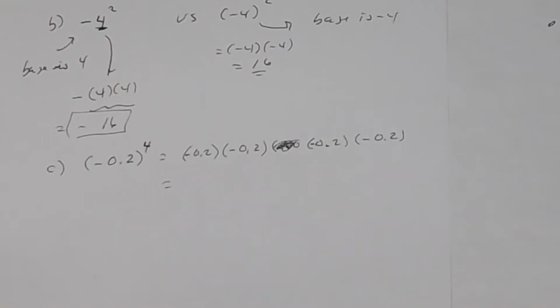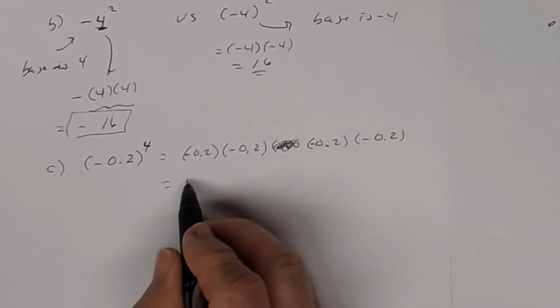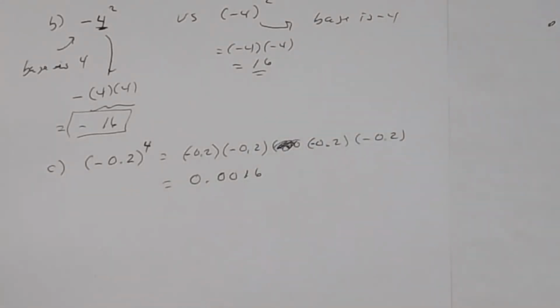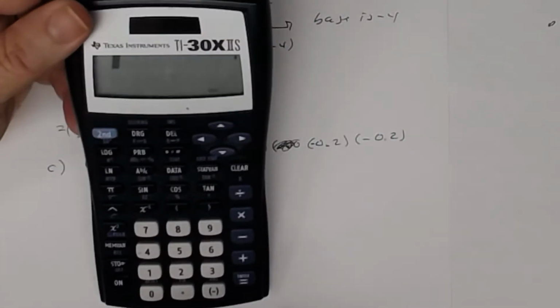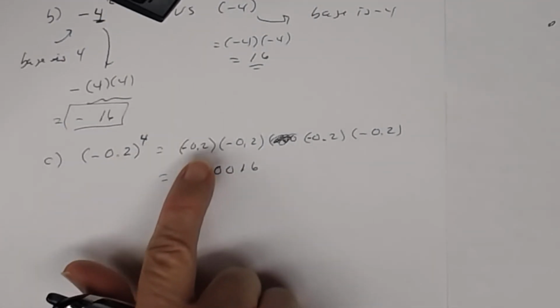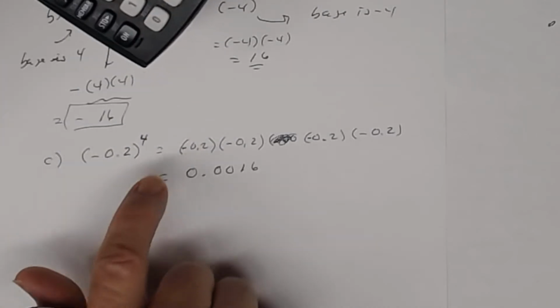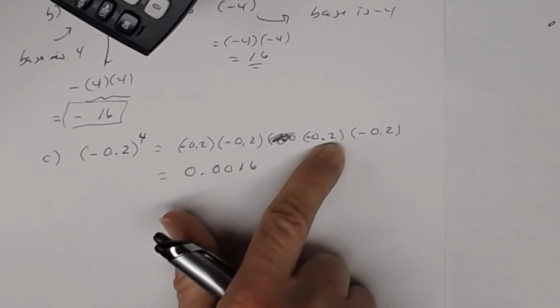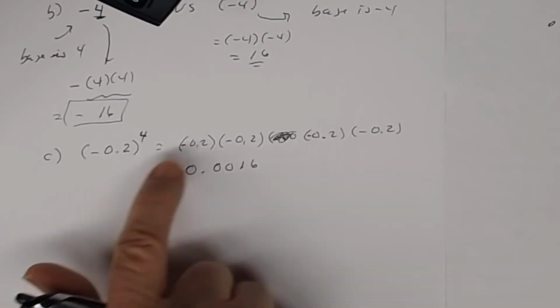But 0.2 times itself 4 times gives us 0.0016. All right, so this is what you're doing. You can put that negative 0.2 in parentheses, but it's important you don't rely on that calculator. You got to understand that negative 0.2 means this.